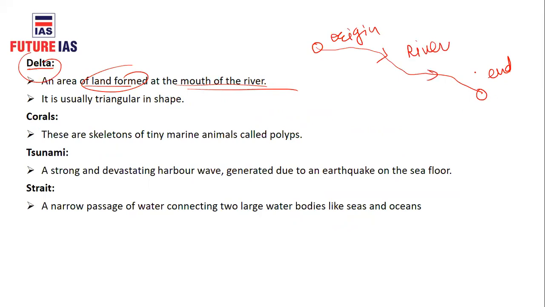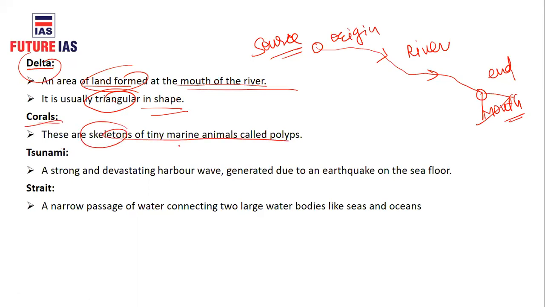The end of the river is nothing but the mouth, and the origin of the river is called the source. So the river flows from the source to the mouth. The mouth is the ending point of the river. So delta would correspondingly form here at the mouth. It is triangular in shape.